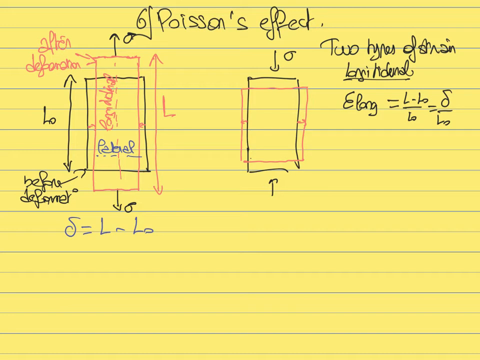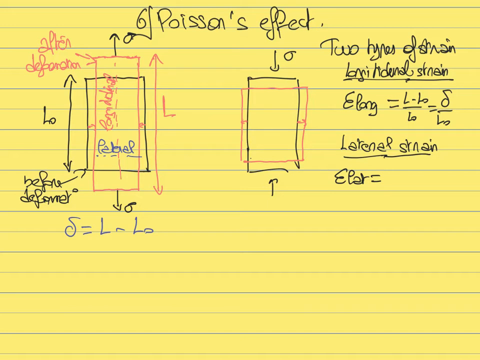That is the strain we have seen already. But now we see that in addition to that, there is also a lateral strain. In addition to this longitudinal strain, because of the Poisson's effect, because when you elongate something along the longitudinal direction it tends to shrink along the lateral direction, we now have an additional strain, which is the lateral strain.